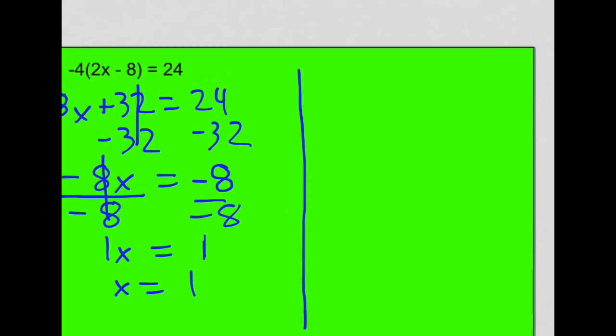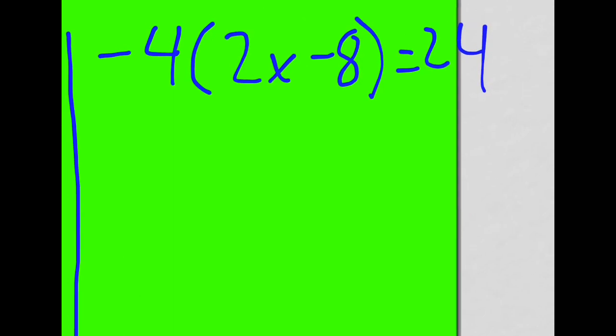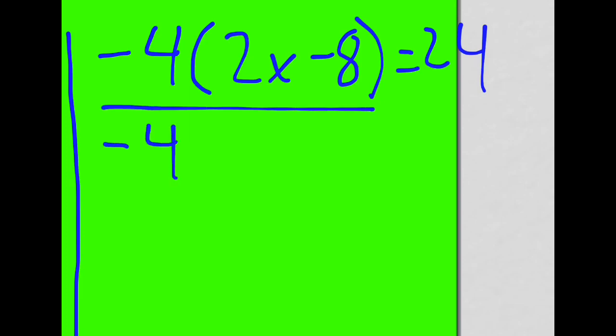Okay, last way we'll do this using the distributive property, negative 4 times 2x minus 8 equals 24. You can see this, we've done this many times. Now we're going to get smaller numbers doing it this way. We can start off by dividing the parentheses side by negative 4 and doing the same thing over there.